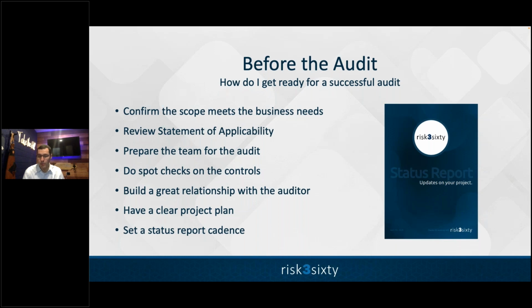So what scope is going to meet those needs? Beyond just controller processor, what products are in scope, data centers if you host those, office locations if you're a company that has significant physical office space, all that should be determined, and you should ensure your scope is in line with those so that you can achieve the maximum value ultimately in the sales cycle.